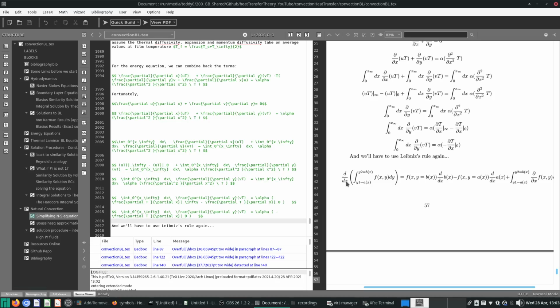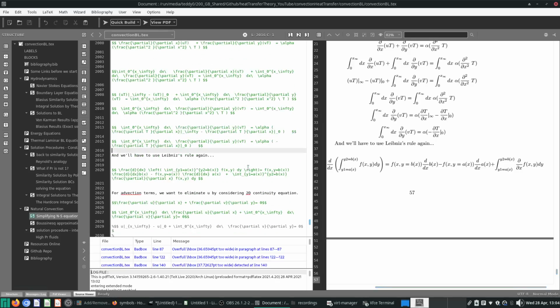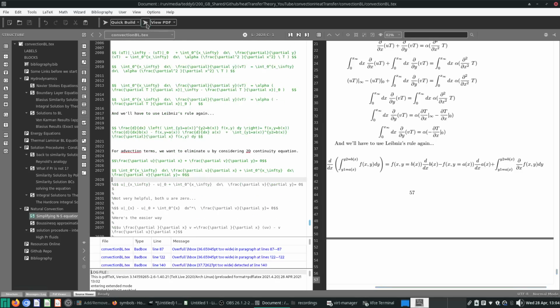If let's say we have d/dx of the integral of f(x,y), this will be equal to f(x,y) evaluated at y2 equals b(x), times d/dx of b(x), minus f(x,y) evaluated at y equals a(x), where a(x) is here, times d/dx of a(x), plus this integral will be on the outside, where you just swap the integral and the derivative part. I'm not going to go through that. I already went through that in a few videos prior when I was talking about forced convection.